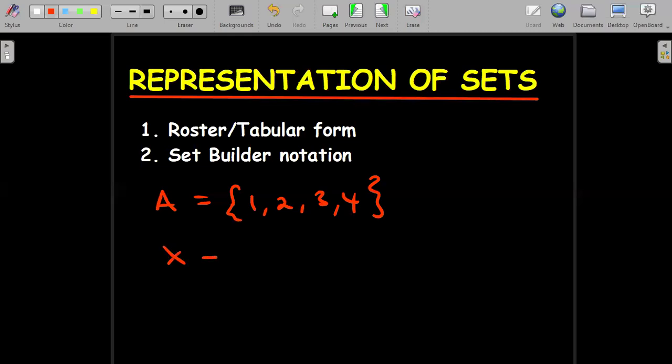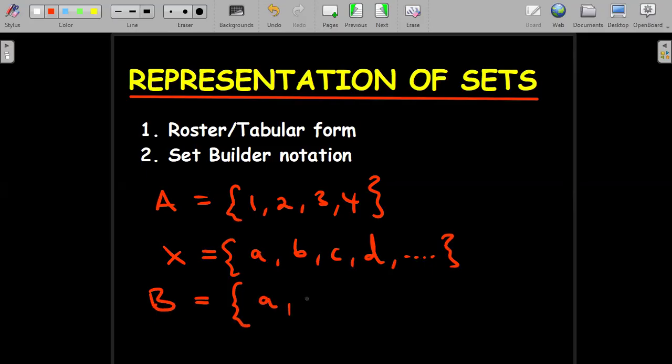You can have a set X like this, and this set X can have elements A, B, C, D, and all the way up to there. So they continue like that. And then we can have another set, maybe set B. Let's say it has these elements A, E, I, and O, which is just the set of vowels.